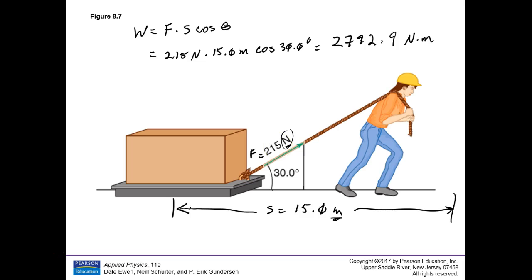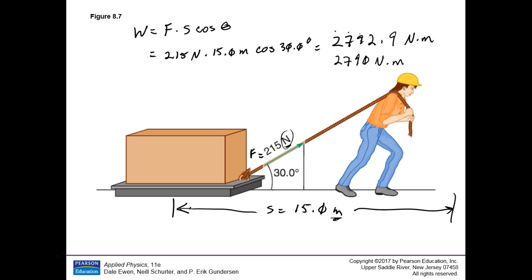Guess how many we need for our answer? 3. So you count 1, 2, 3 digits. Look to the right, that's a 2, less than 5, so you round that to a 0. So that would be 2,790 newton meters.